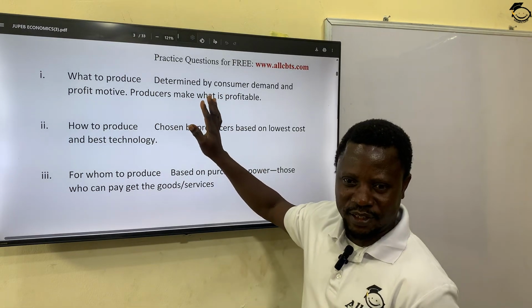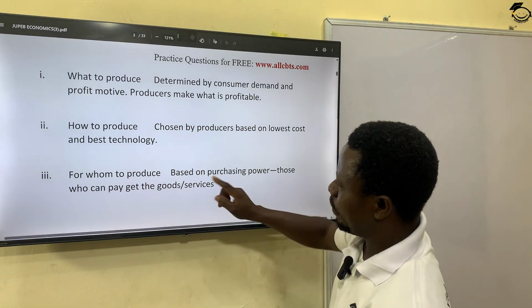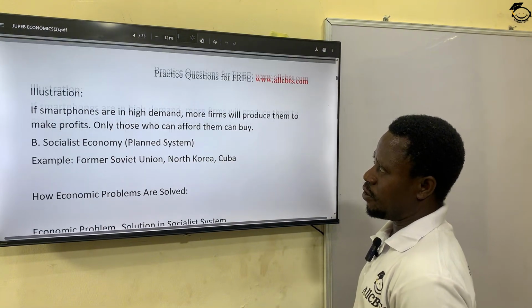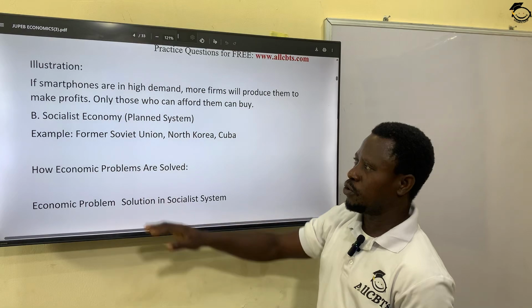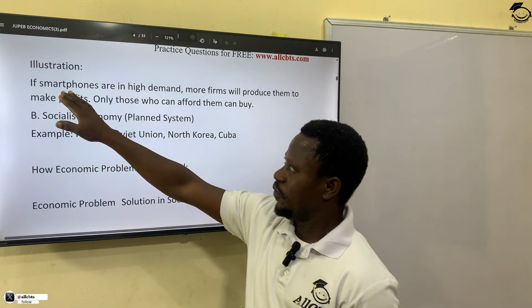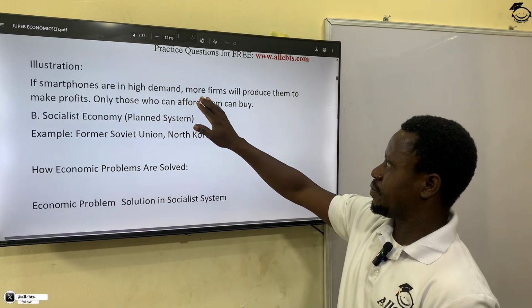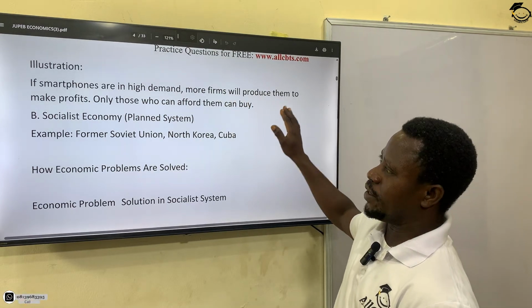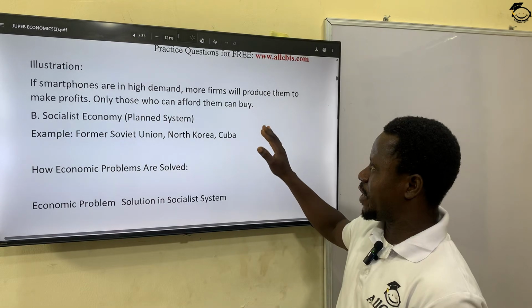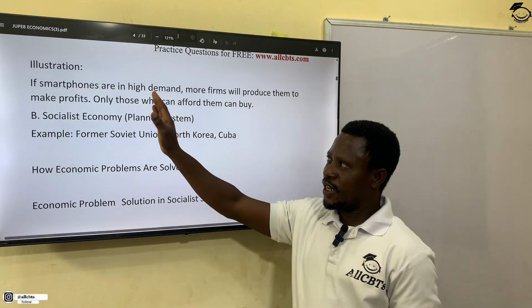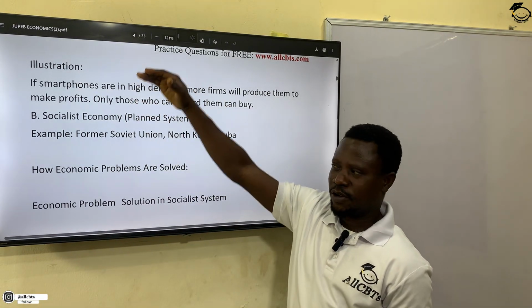That is for the market economy. Let me give you an illustration on that market economy first before we go to the socialist. If smartphones are in high demand, more firms will produce them to make more profit. Only those who can afford to buy them can buy them. That is the illustration for the market economy.